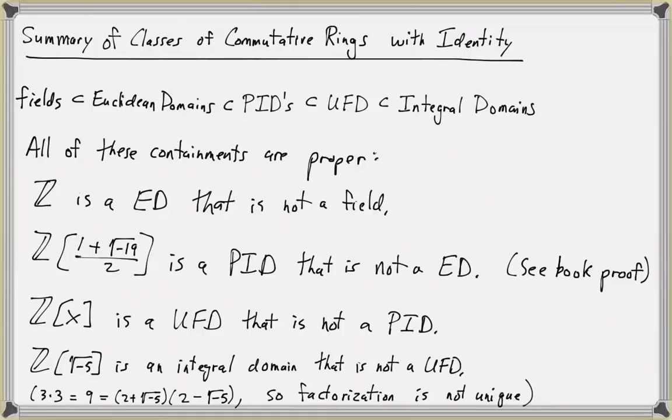So we see that Z adjoin square root of negative 5 is not a unique factorization domain. So this chain of containments summarizes the facts that we have shown over the last few lectures and demonstrates the relationship between the various classes of commutative rings with identity.